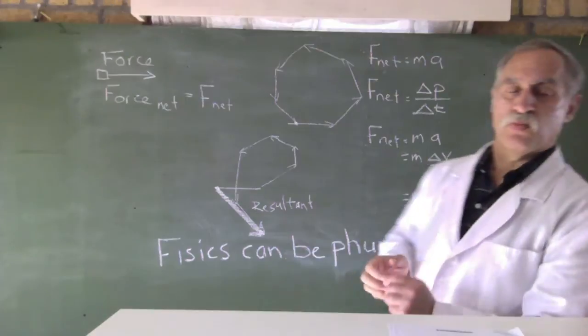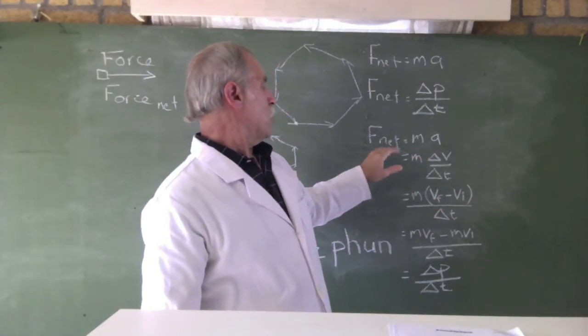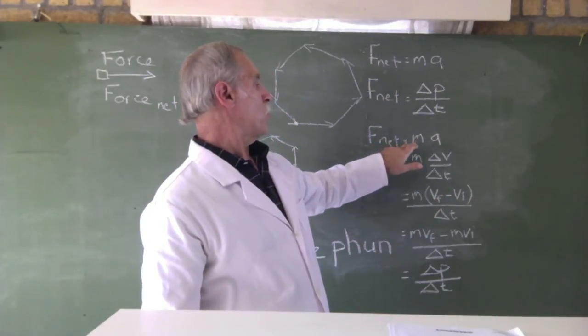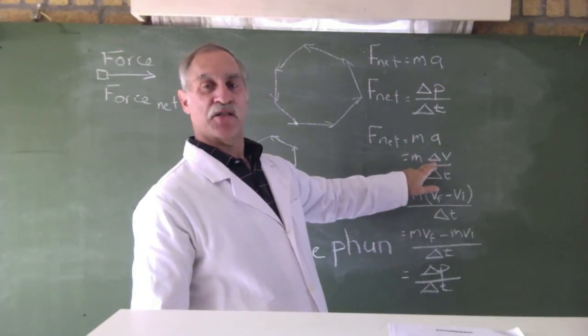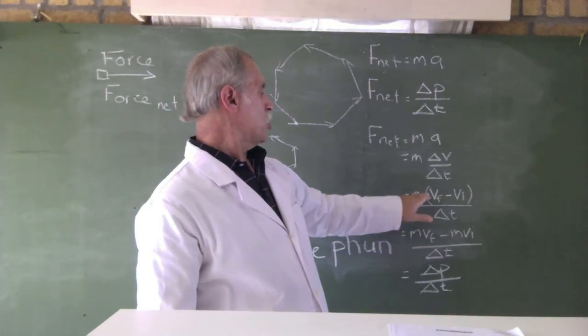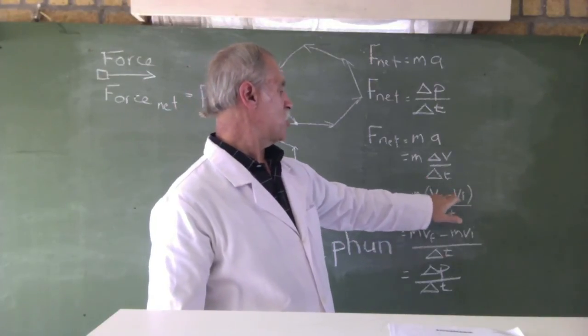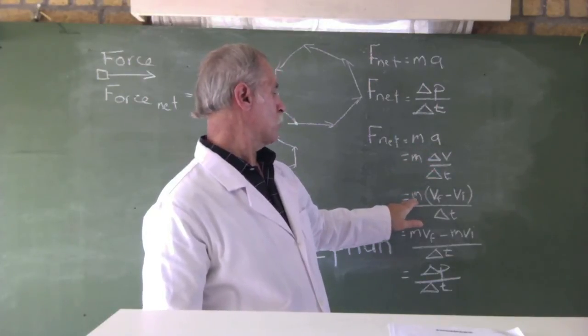Let's just briefly recap how we did it. According to Newton's second law, force net is equal to mass times acceleration. Acceleration is change of velocity over change of time. Change of velocity is final velocity minus initial velocity, all multiplied by mass.